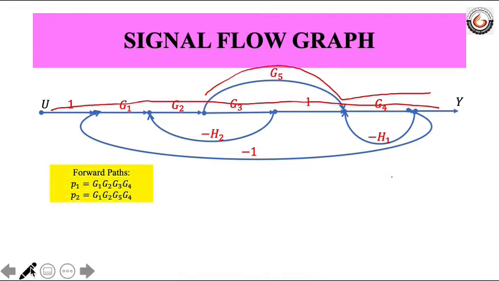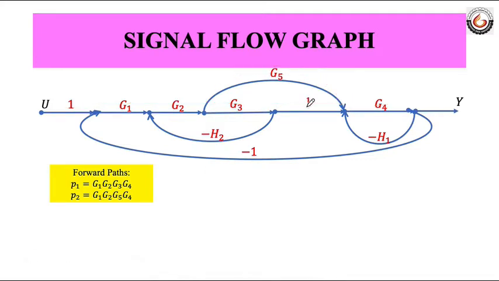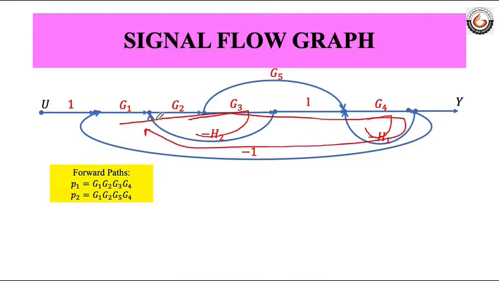What about loops? One loop is G4 with minus H1, another loop is G2, G3 with minus H2, another is G1, G2, G3, G4, and then this minus 1 with unity feedback.